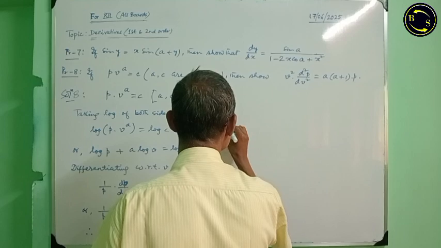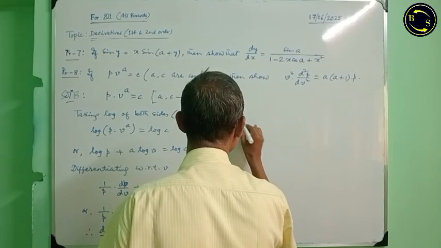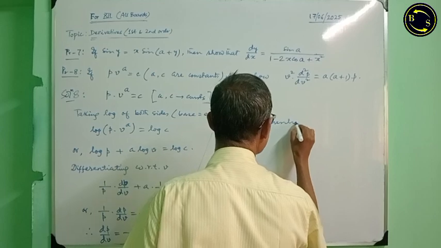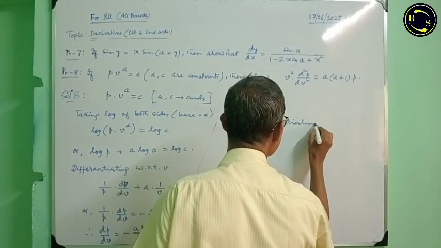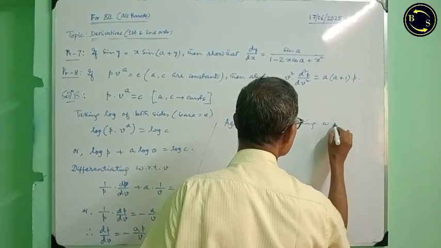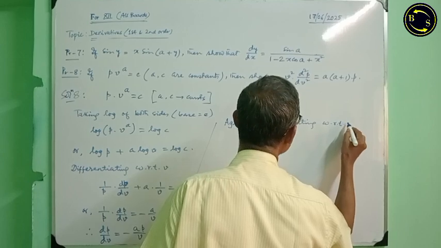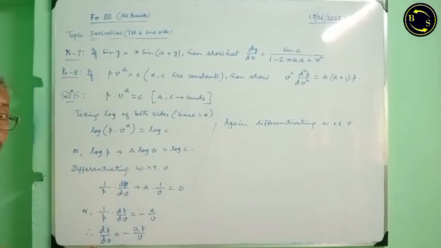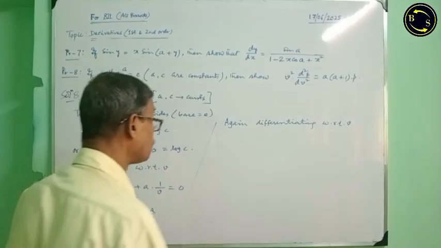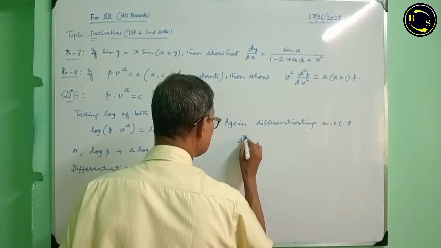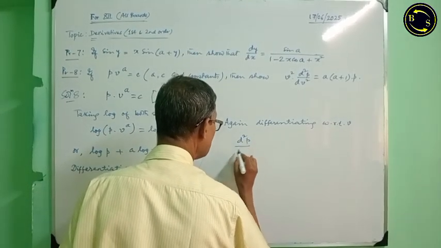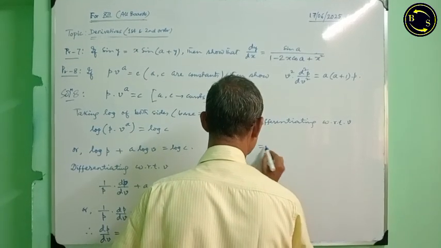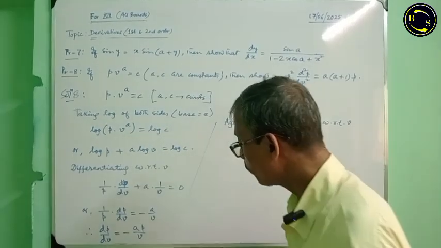Again differentiating with respect to v. Left hand side dp/dv, therefore it will be d2p/dv2 is equal to u by v form.